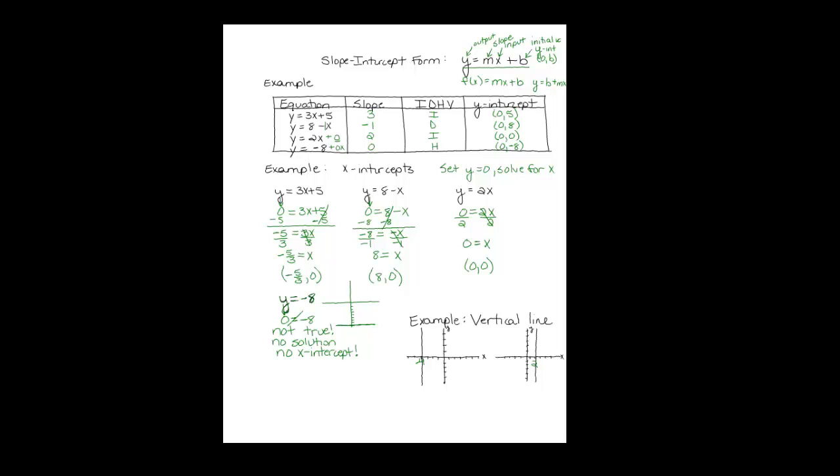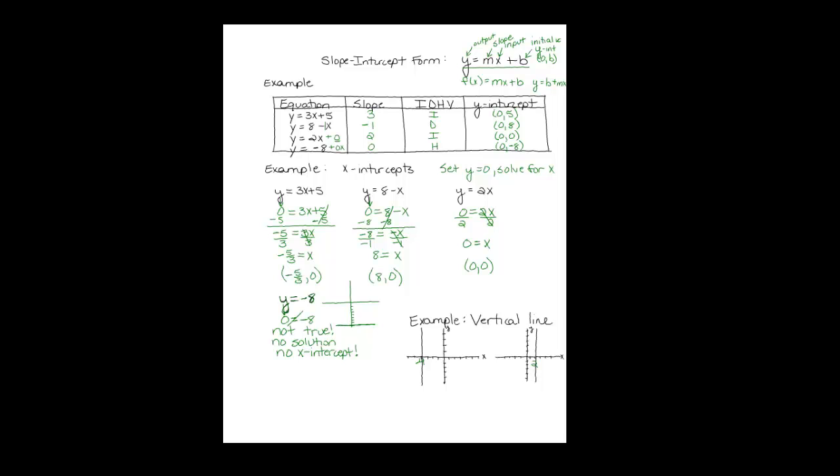Now, on this page, we're talking about slope-intercept form, the slope-intercept form of the equation of a line. Well, a vertical line has no slope. Remember, the slope is undefined. A vertical line also has no y-intercept. So the slope-intercept form is not going to work for a vertical line, but we do still need a way to generalize the equation of a vertical line.